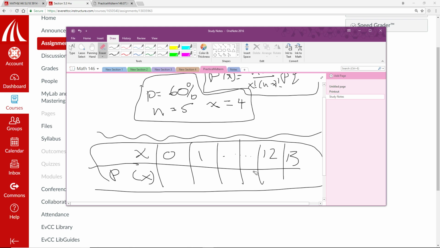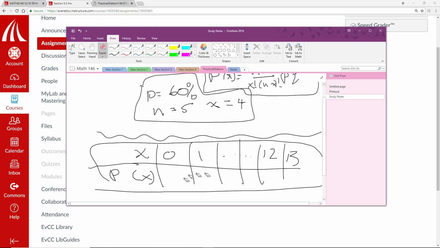Now, when it says at least 12, they want the sum of 12 and 13. But also, I will say this, and it's important for you to realize this. I don't want you to get confused. When they say at least 12, that's 12 and 13, we could also calculate the cumulative distribution from 11 down to 0, and then subtract it from 1, because the probability from 0 to 11 plus 12 and 13 will make one whole.